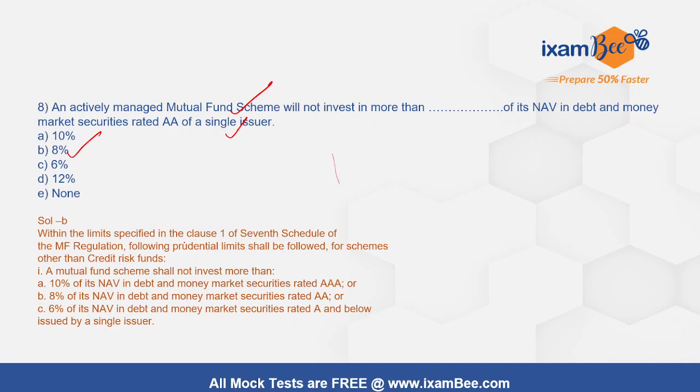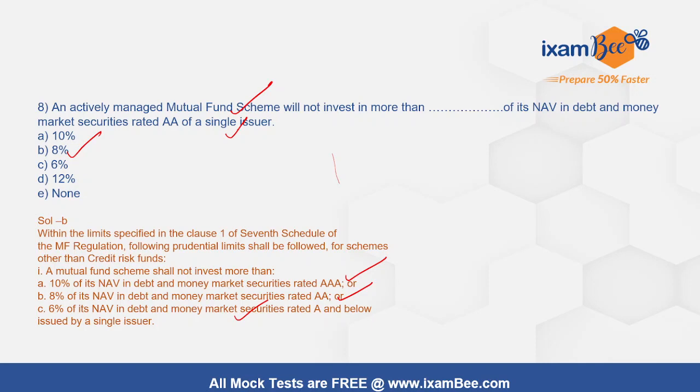A mutual fund scheme shall not invest more than 10% of its NAV in debt and money market securities rated AAA, or 8% of its NAV in debt and money market securities rated AA, and 6% of its NAV in debt and money market securities rated A and below.